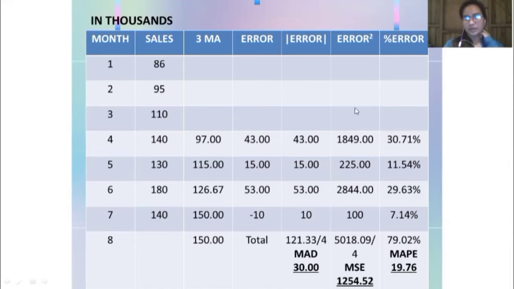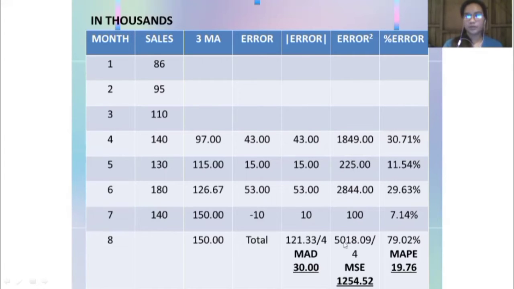So here is the error for the mean squared error. 43 squared is 1,849. 15 squared is 225, and 53 squared is 2,844. And the last one, 10 squared, is 100.